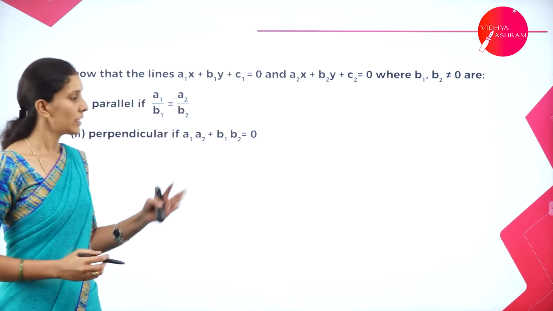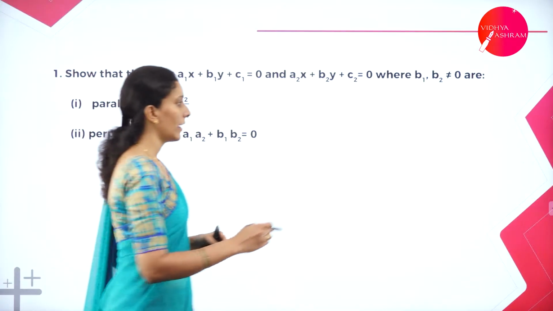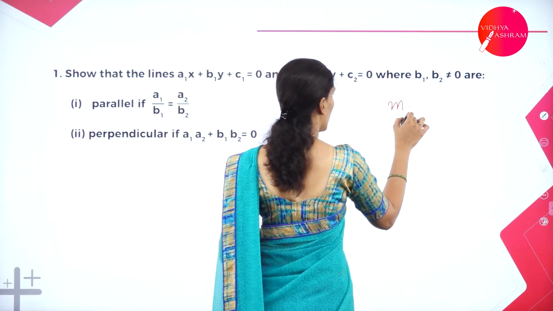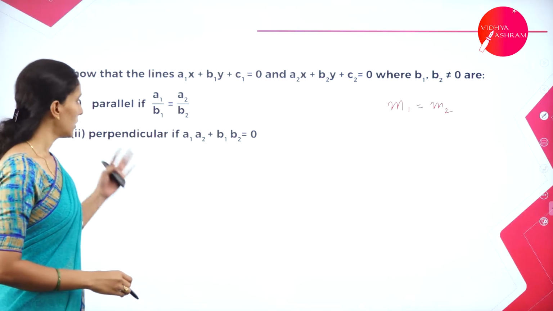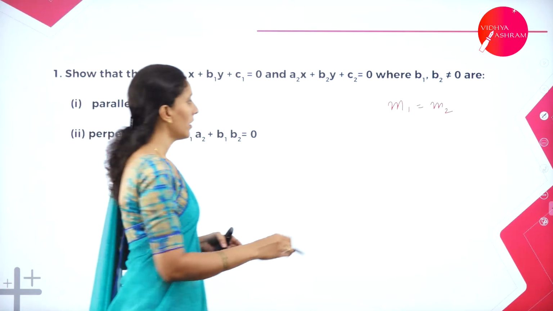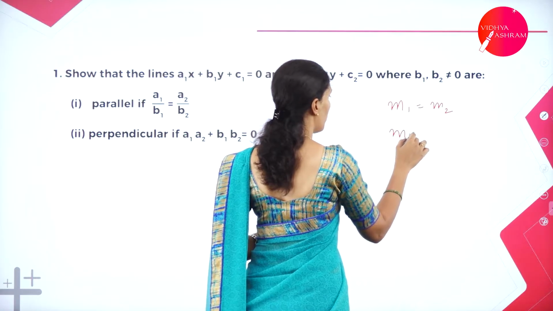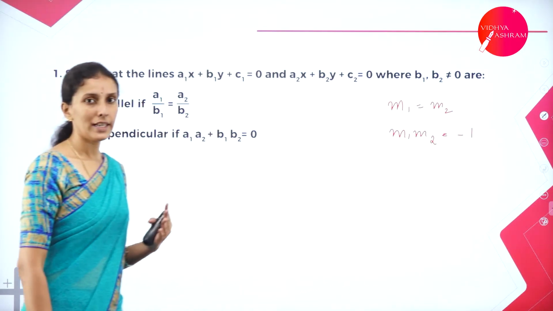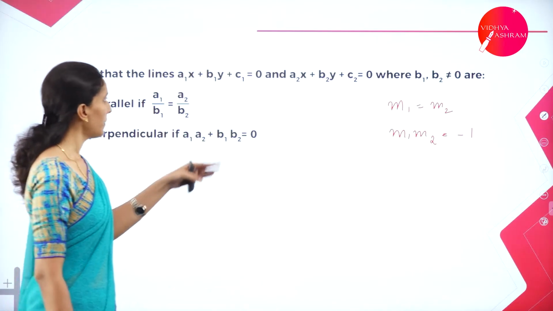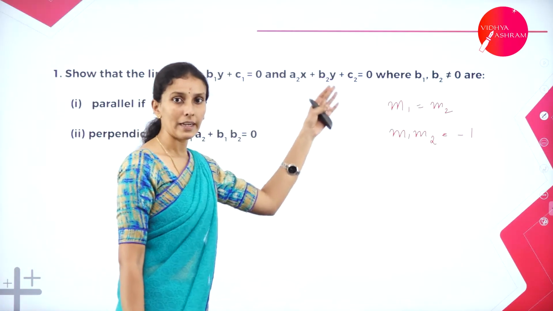So we know that the two lines are parallel if their slopes are equal, that is m1 is equal to m2. Similarly, the two lines are perpendicular if the product of their slopes is equal to minus 1. So using those conditions, first let me find the value of m1 and m2.